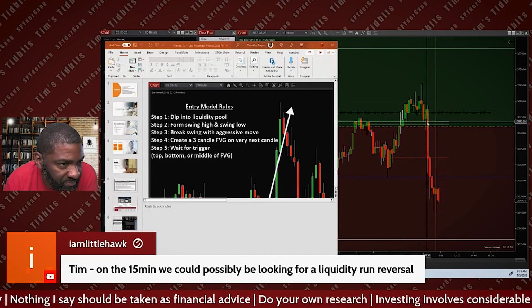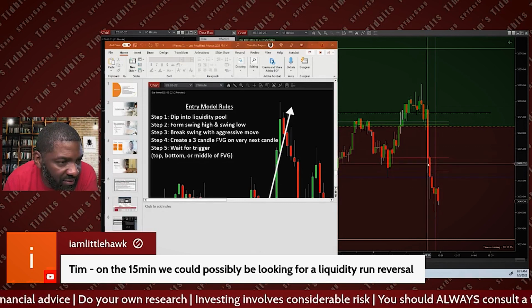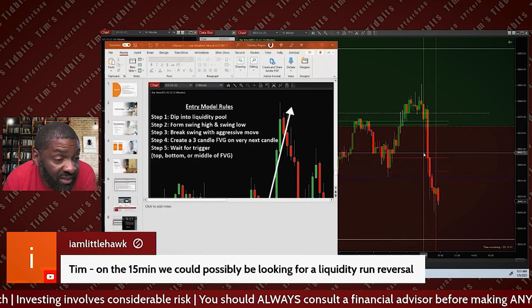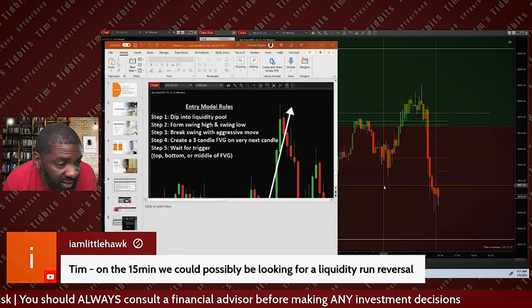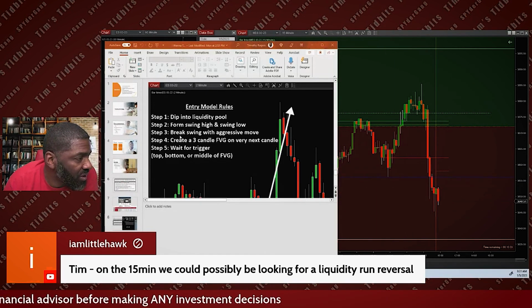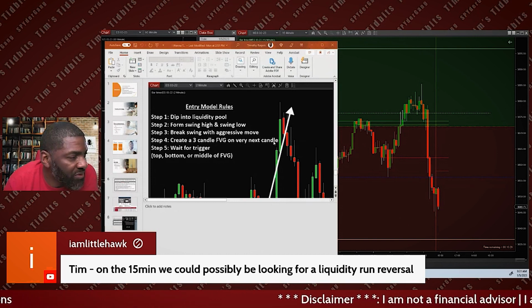But here, you got this big candle coming down, but it didn't break the structure. It could be a retrace and dropping down. The big candle didn't, because I needed to form a swing high, swing low, then break the swing with an aggressive move, right? And create the 3 candle fair value gap on the next candle.